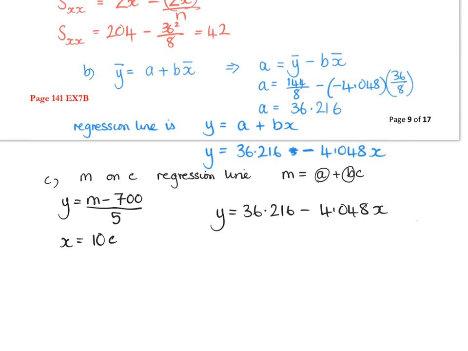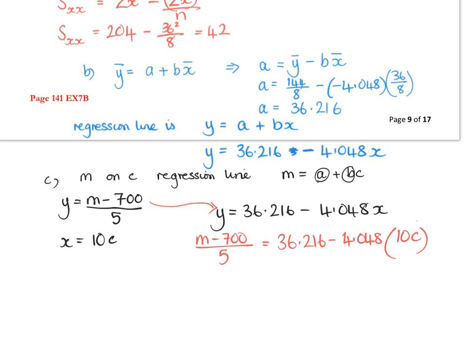So y gets substituted into this part and x gets substituted into that part there. So let's see what we get. I actually want to replace y, so m minus 700 over 5 is equal to 36.216 minus 4.048, and that's times x, which was 10c.